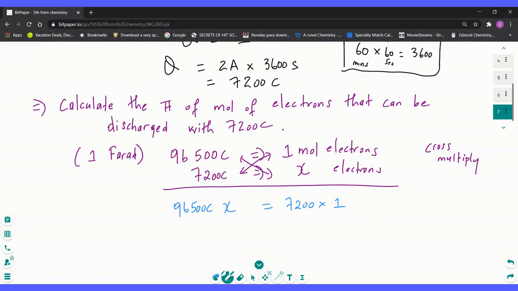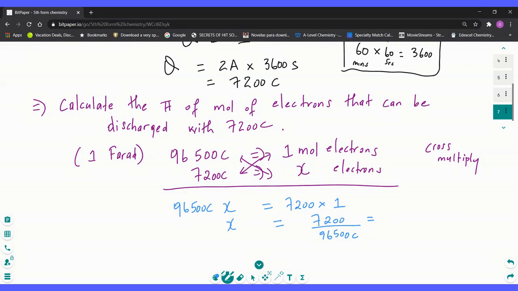So now we have to solve for X. X is now going to be equal to 7,200 divided by 96,500 coulombs. And let us see now what mole that would turn out to be.